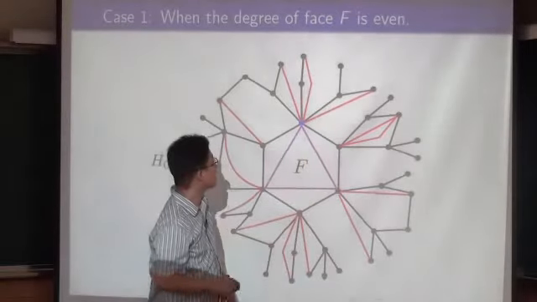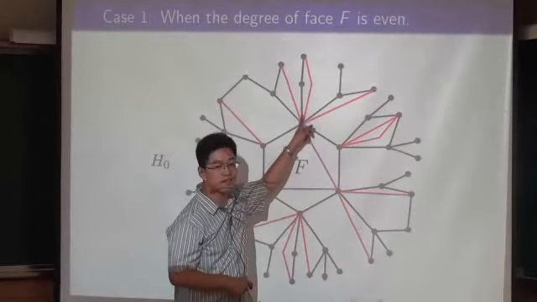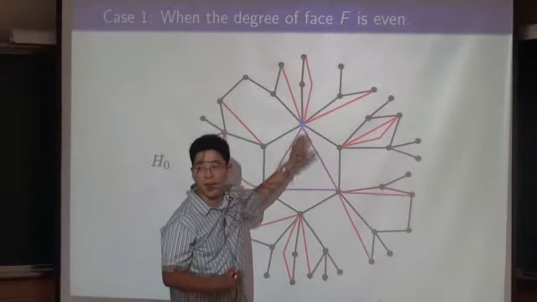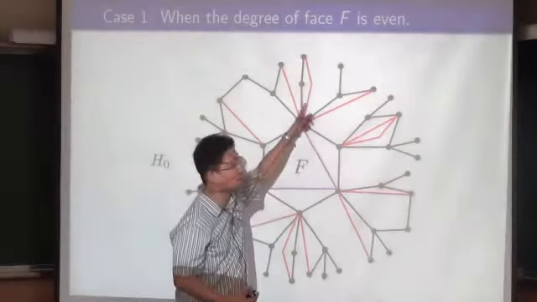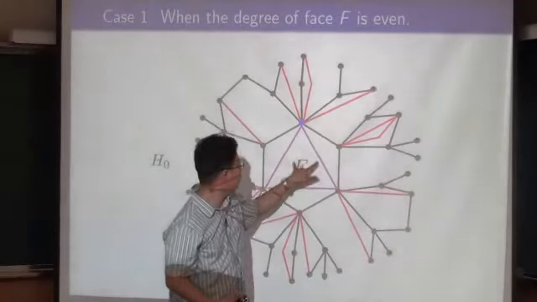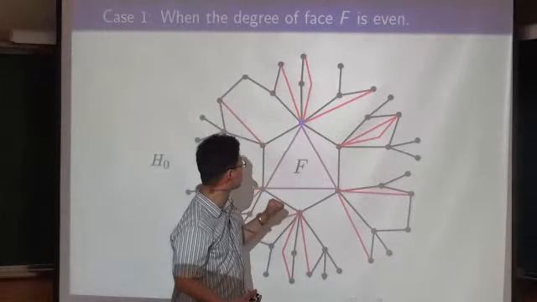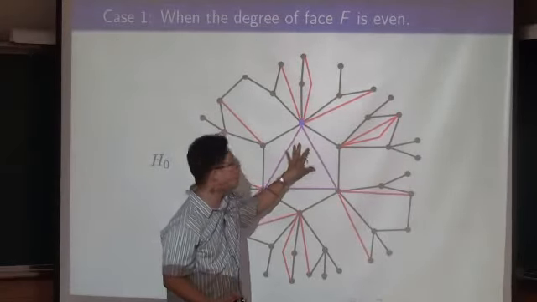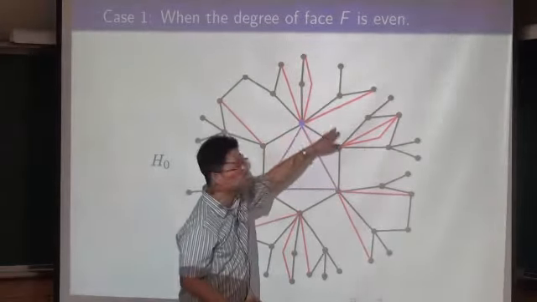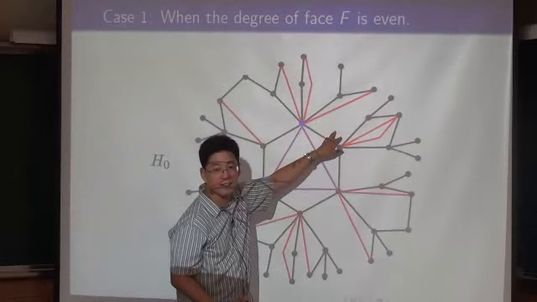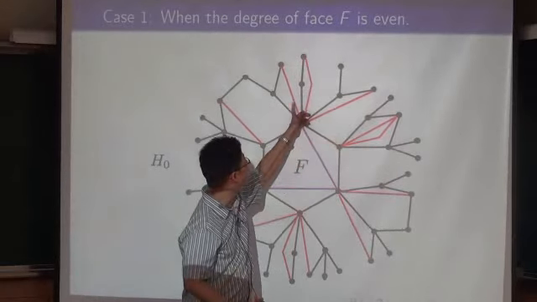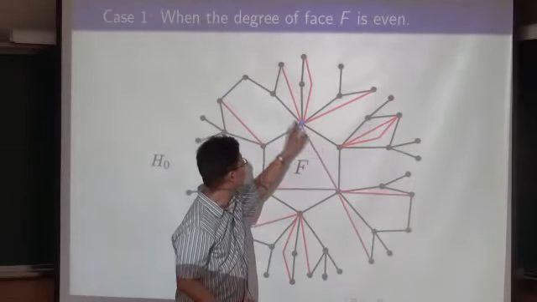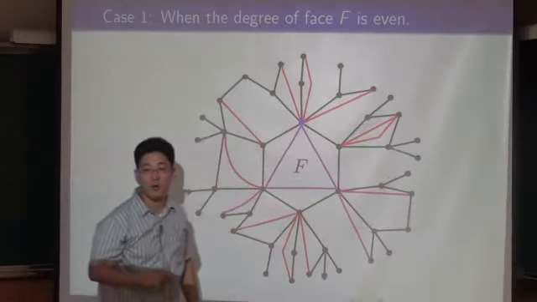And if we count the number of red edges of the neighbors of this vertex outside of f, that should be d minus 2, because 2 neighbors draw their red edges inside of f. So we have d minus 1 slots, but we have d minus 2 blocks. So there is one space to draw the red edge.